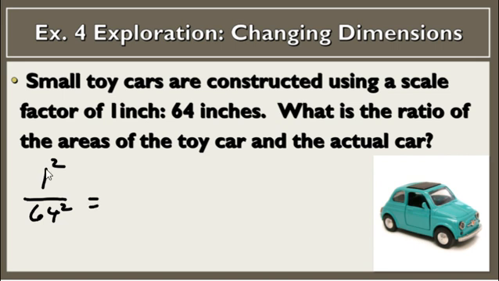If I square those, I have 1 over 64 squared, which would be 4,096. So that would be the ratio of the areas of the toy car to the actual car. So that is our lesson on scale factors today.